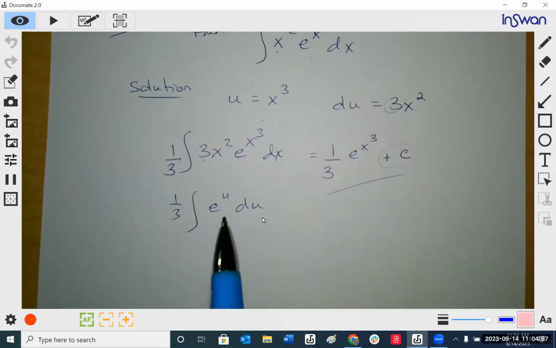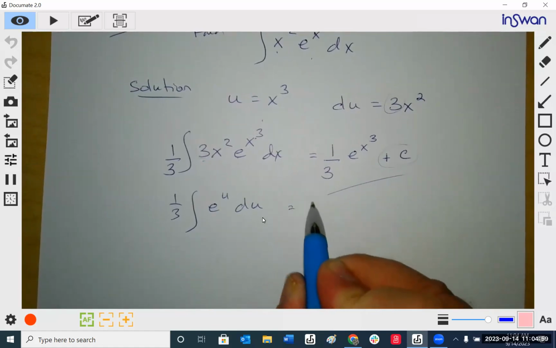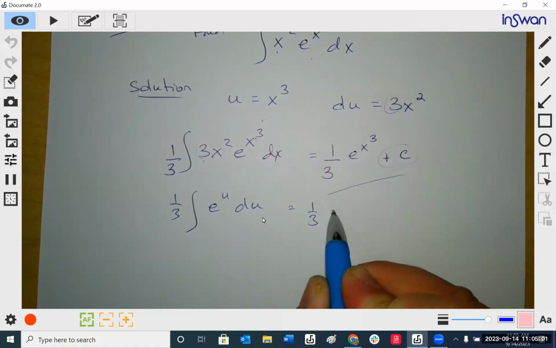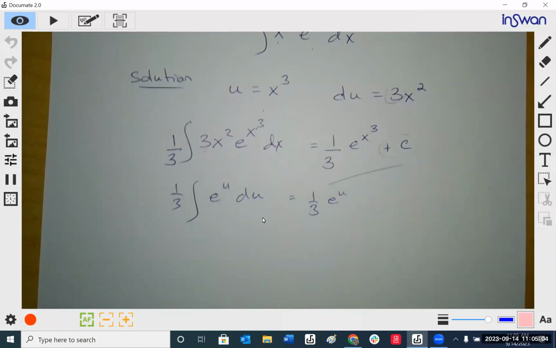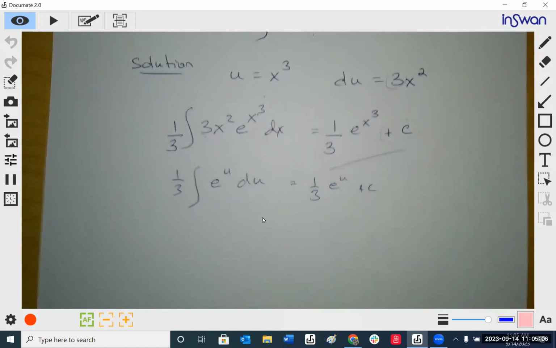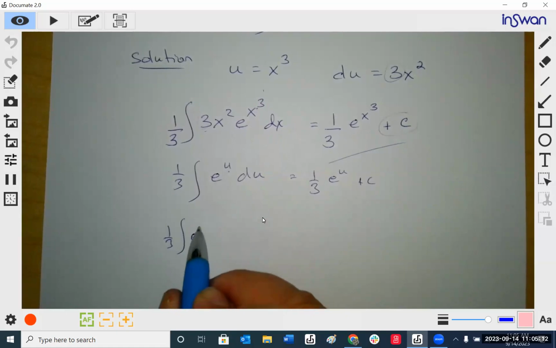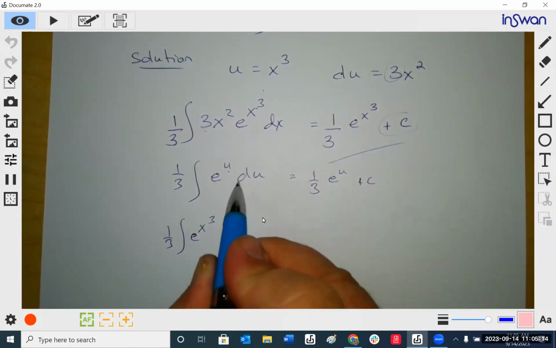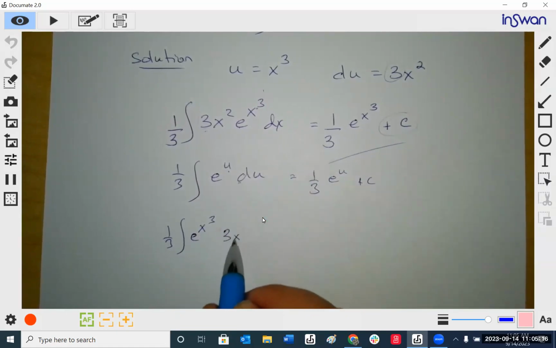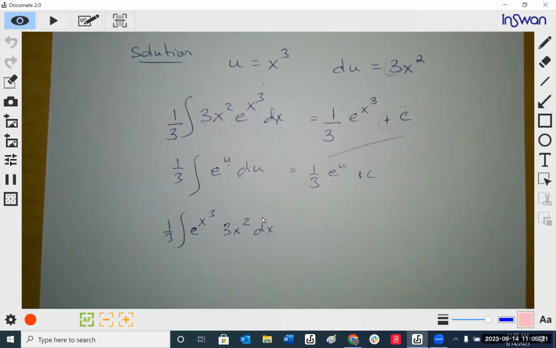That's what we need in order to find e^u plus C. So we have 1/3. u is x cubed. du is 3x squared, and it's all the integral of dx. So here's e^u du, and all this stuff is du.